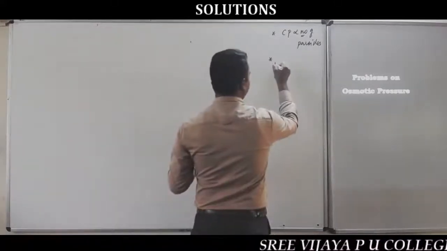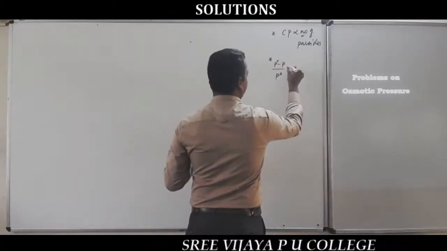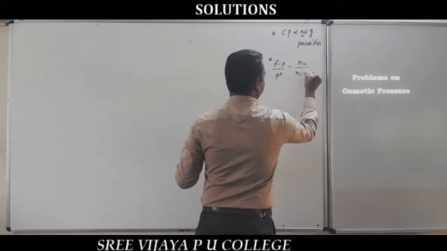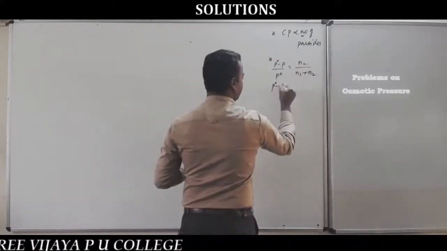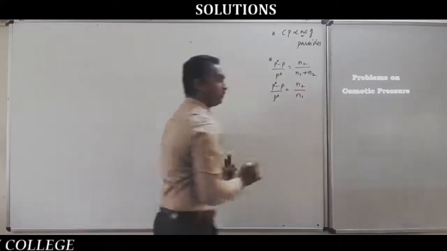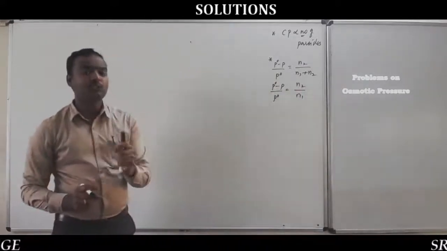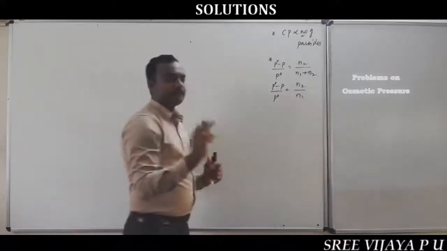So remember, (P naught minus P) divided by P naught is equal to n2 divided by (n1 plus n2). With simplification, (P naught minus P) divided by P naught is equal to n2 divided by n1, because we take a dilute solution. In a dilute solution, n2 is lesser compared to n1.